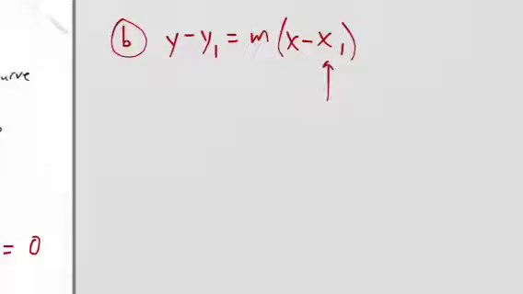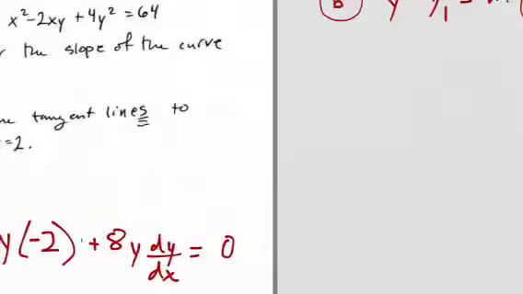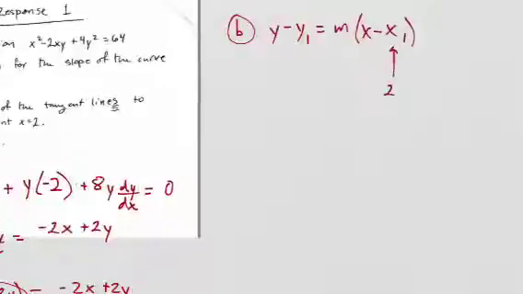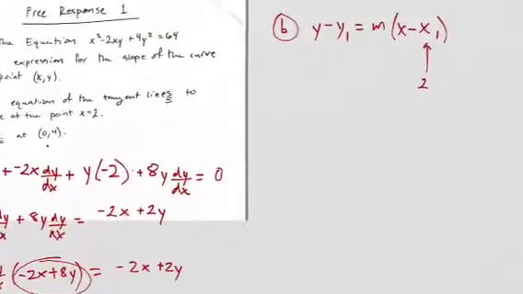Now my x1 is already given. That's 2, so that's very nice. To get my y1, because I need a y value, I plug in 2 for x, and I solve for y. So that's what I'll do.